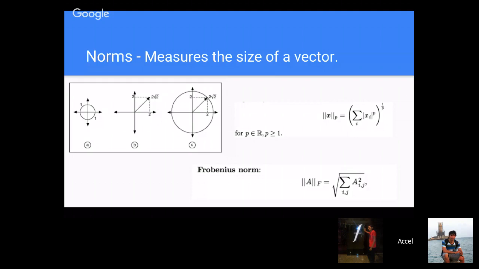I just keep the formula in mind. To get an intuition of it, if you see the second example, B, where the x value is 2 and the y value is 2, the hypotenuse, or the norm, is the length of the hypotenuse of the right-angle triangle made by the x and y values.